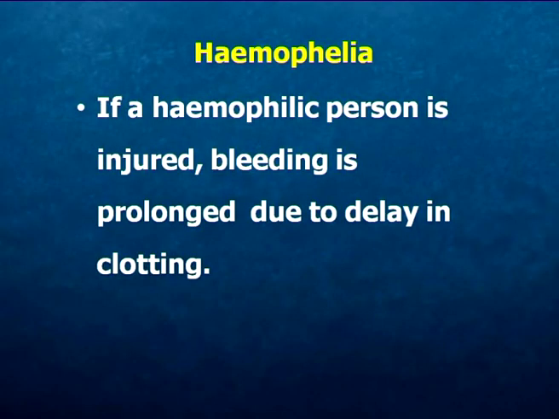If a person having hemophilia is injured, bleeding is prolonged due to delay in clotting. So, there is profuse bleeding, total loss of blood, and the person ultimately succumbs. So, this hemophilia is therefore a dangerous disease.